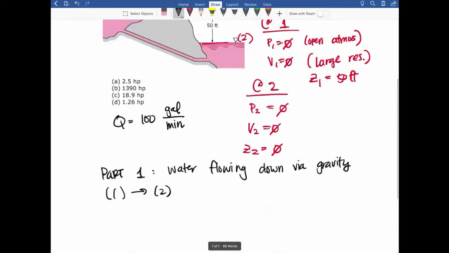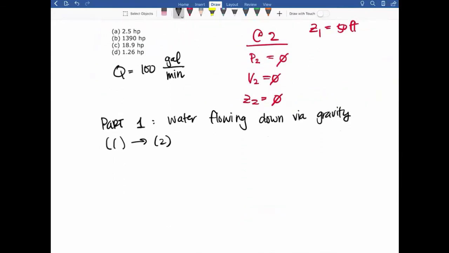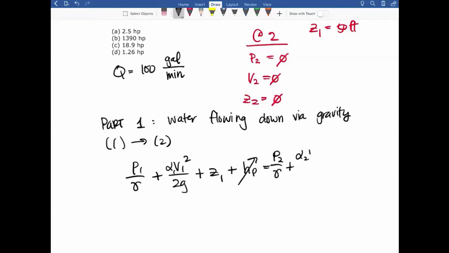Now, that means our energy equation from 1 to 2 becomes P1 over gamma plus alpha 1 V1 squared over 2g plus Z1 plus our pump, which we don't have yet, equals P2 over gamma plus alpha 2 V2 squared over 2g plus Z2 plus loss plus turbine, which we don't have, okay?